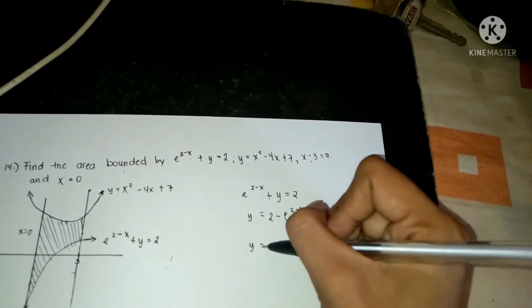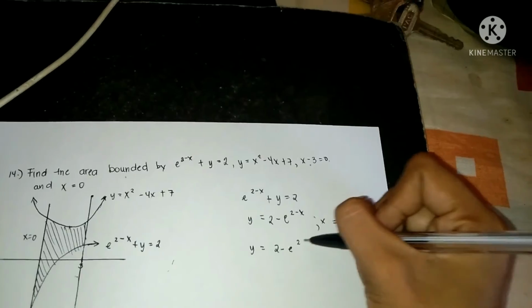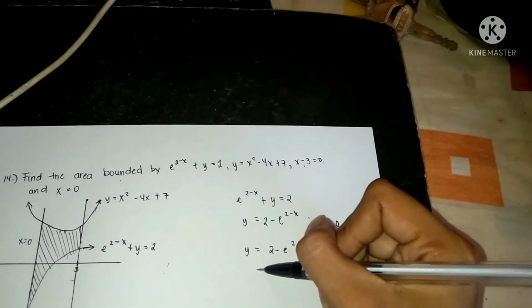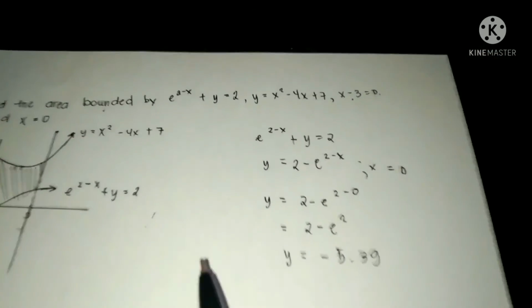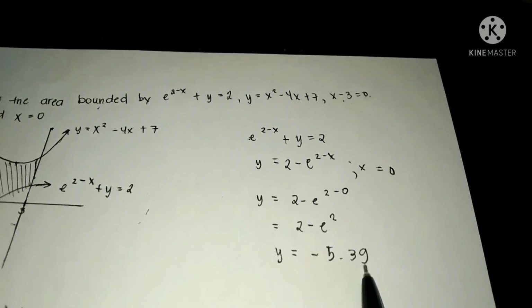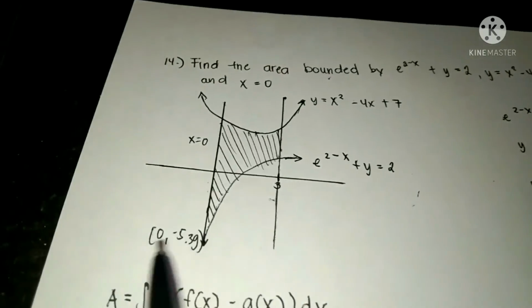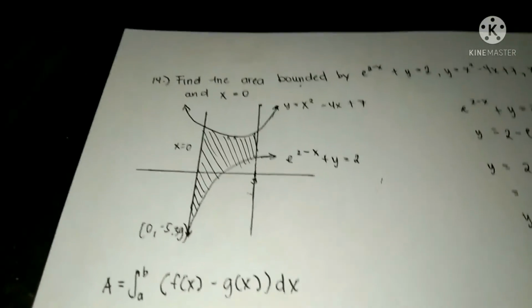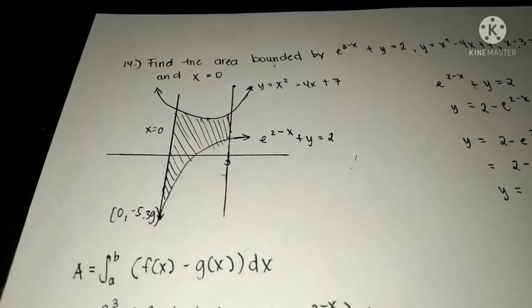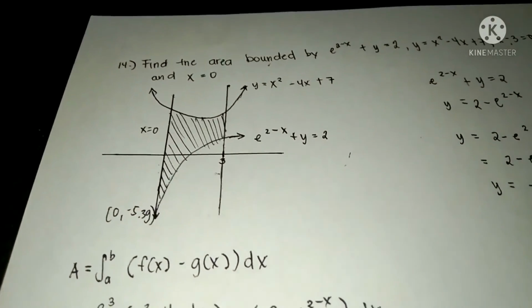So, y is equal to 2 minus e 2 minus 0 is equal to 2 minus e raised to 2. So, y is equal to negative 5.39. So, ito yan.